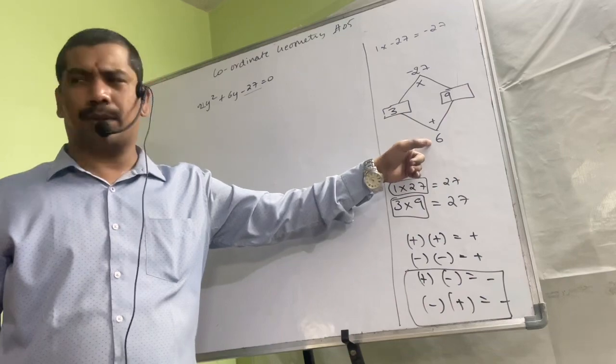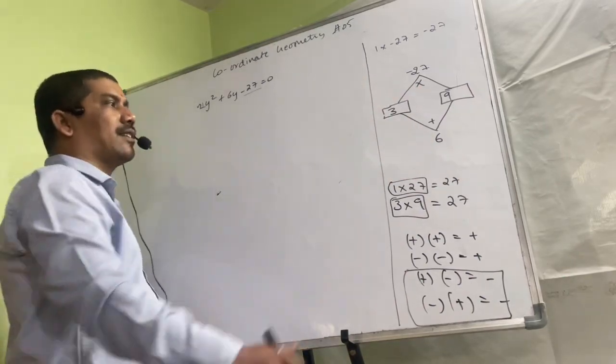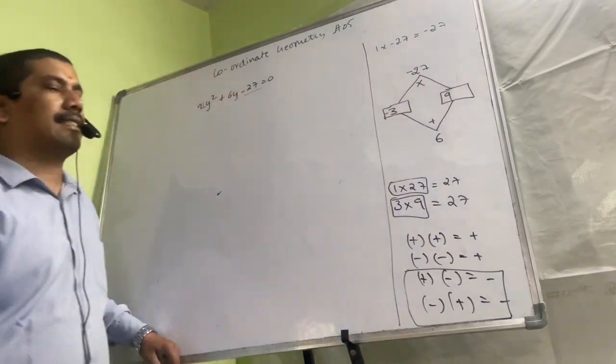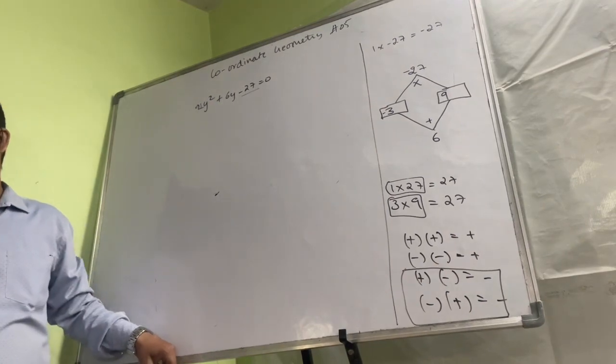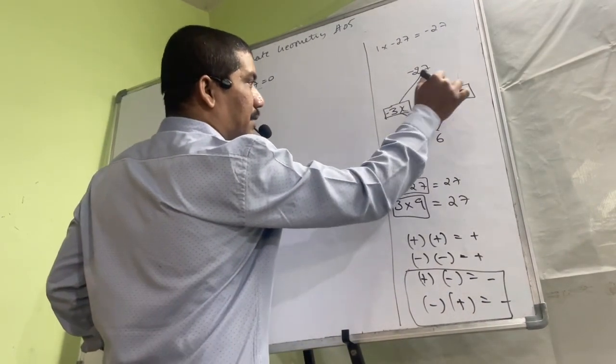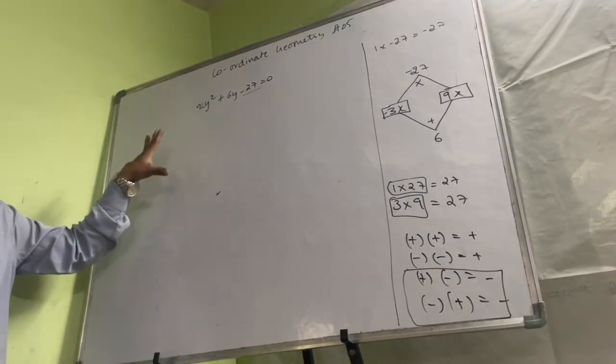If this is minus, suppose, then the bigger number should be minus. So right now this is plus, so the bigger number I'm considering plus, the smaller number should become minus. Understood? Like this you should decide the correct sign. After deciding the correct sign you keep x.